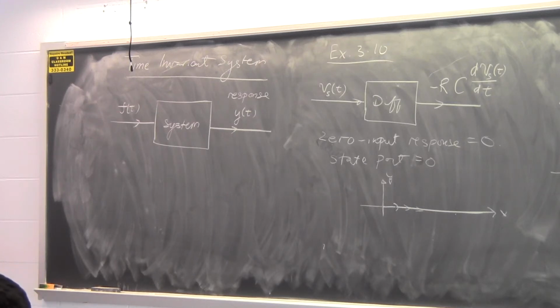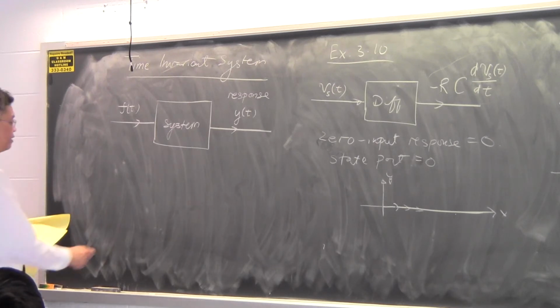Time invariant means that if I come back later, say this is my amplifier or my cell phone or some of those things that I have, and I use this system at a later time and perform the same experiment, my output is just going to be time delayed.